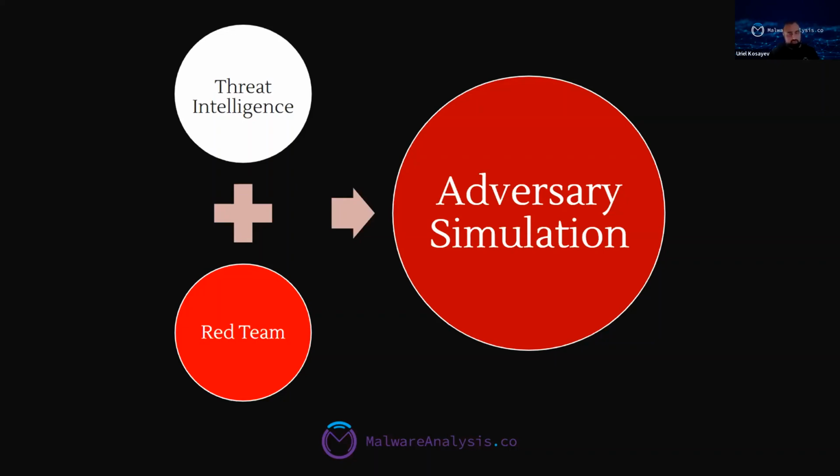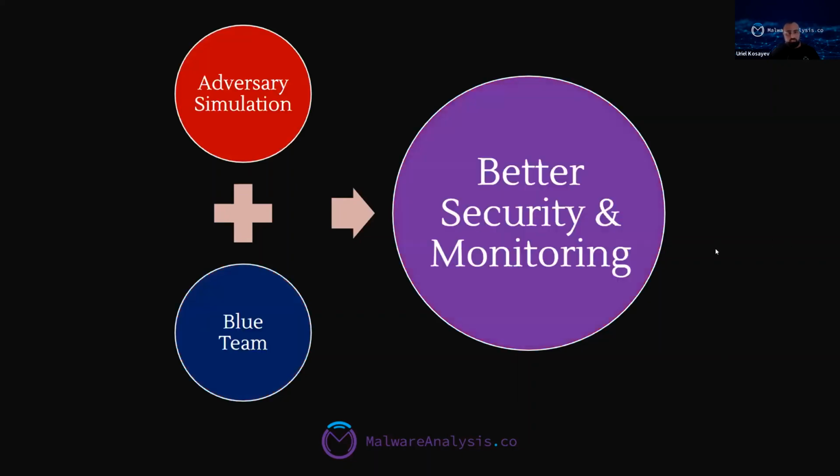Of course, it is the red team's decision which tools and which techniques to use, everything else. Okay, so you finish your adversary simulation with your red team, and you get this fancy report, this fat wow report. We did this, we did that, blah, blah, blah. And okay, so what do you do with it?